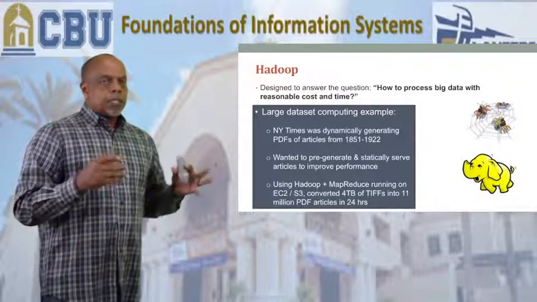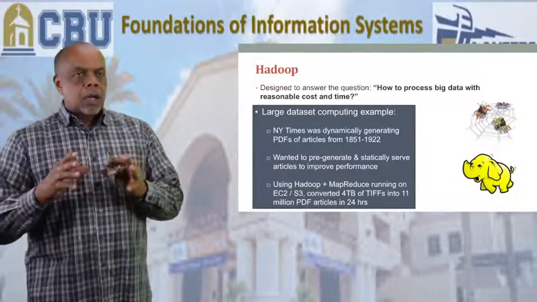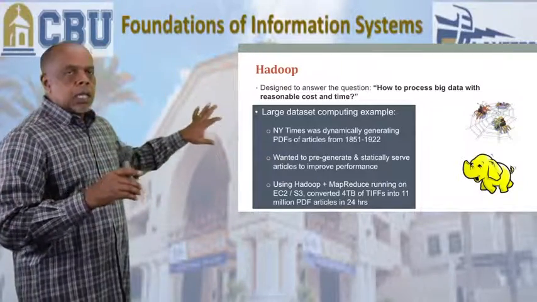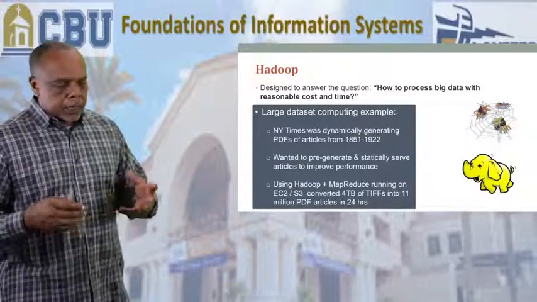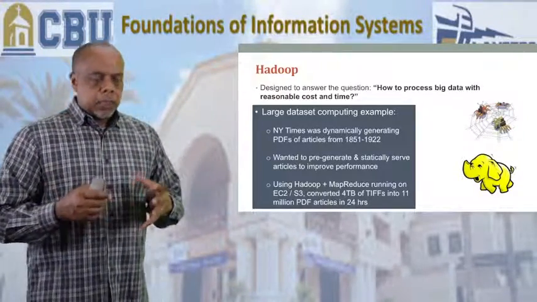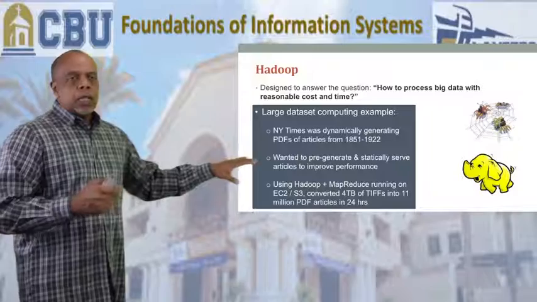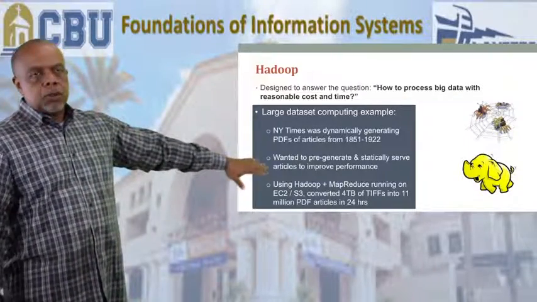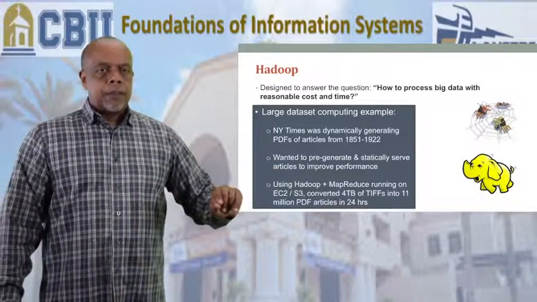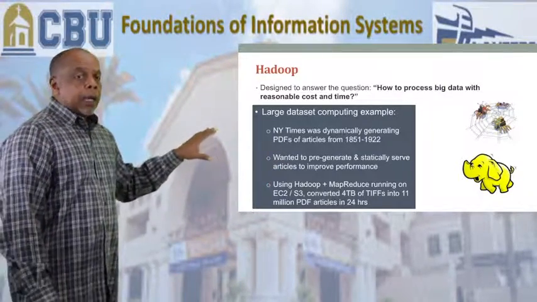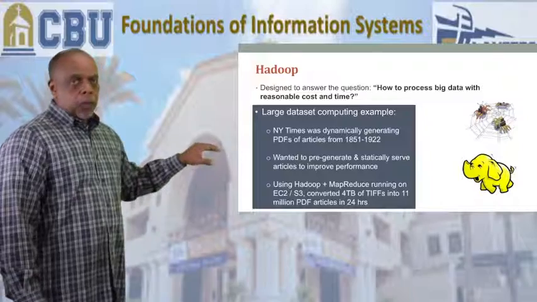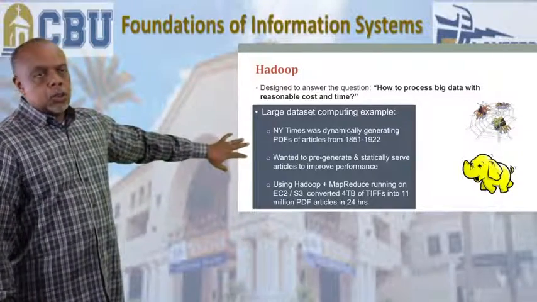They wanted to pre-generate and statically serve articles to improve performance. So they used Hadoop and MapReduce, which works really well, running on Amazon EC2 and S3 storage. If you're familiar with Amazon, we talked about that in the cloud: Amazon Web Services.